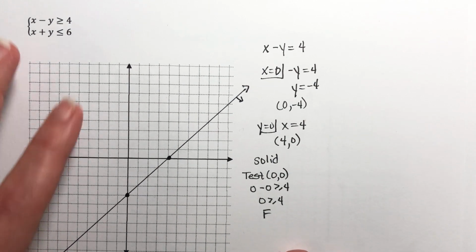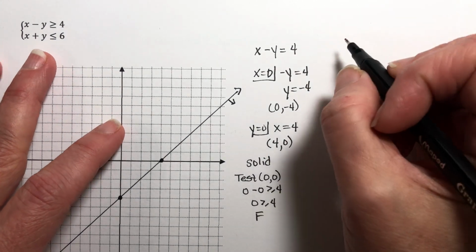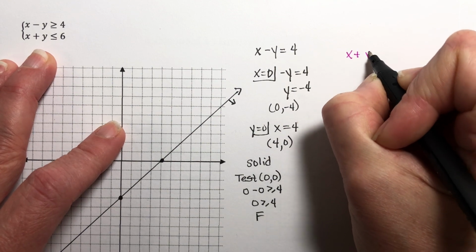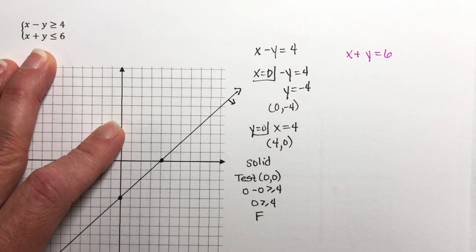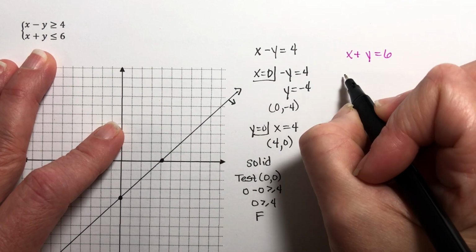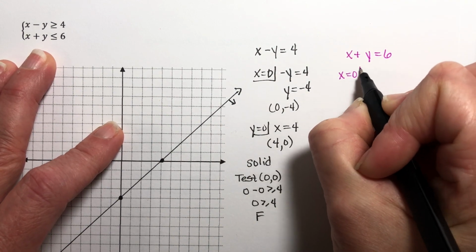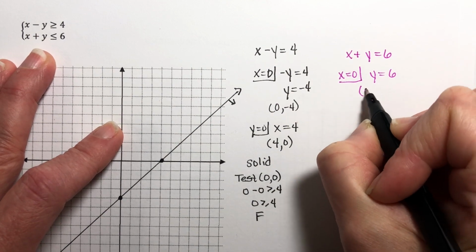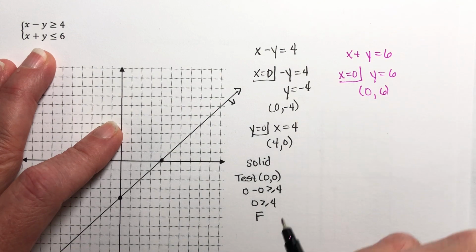Okay, now let's do this one. So I would pretend that I have x plus y is equal to 6. Now I can easily use intercepts again. So if my x is 0, that means I have y equal to 6, so that's the point 0, 6.